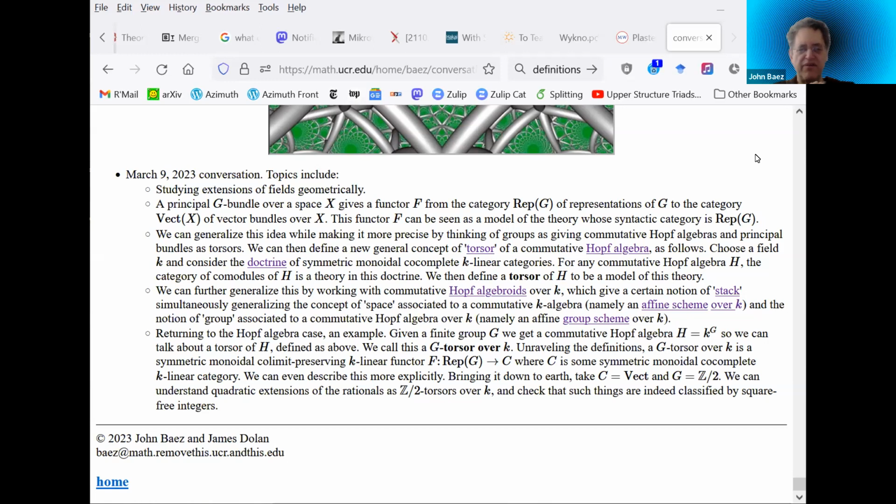When you have a commutative algebra over a field, you think of it as a space called an affine scheme. But then there's also the notion of a group associated to a commutative Hopf algebra, which is an affine group scheme. And so commutative Hopf algebroids include both of those. But we didn't really do anything with that.